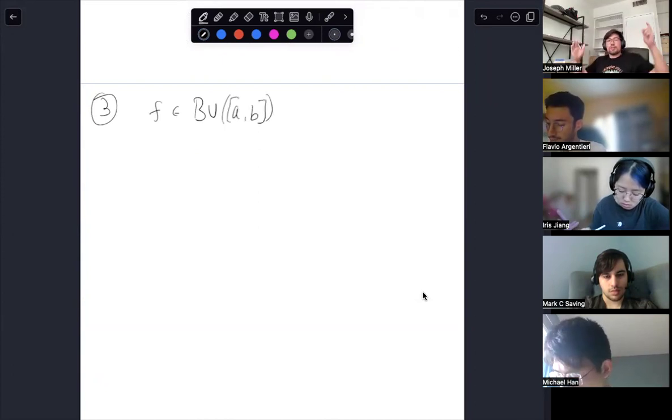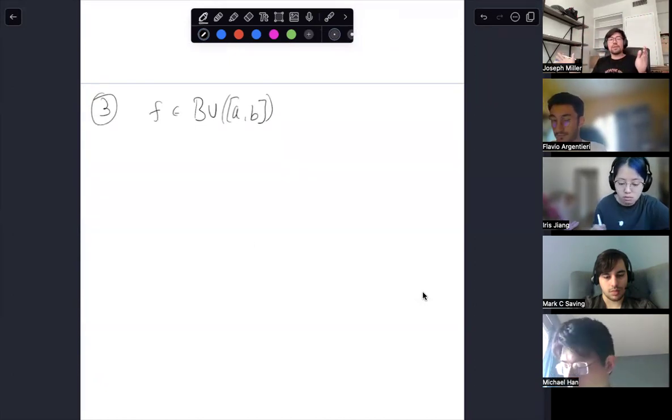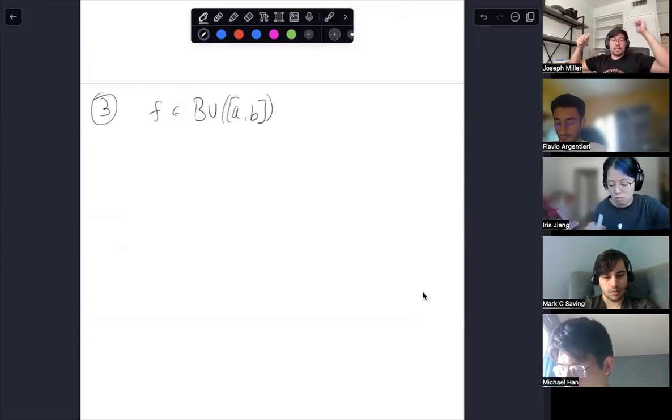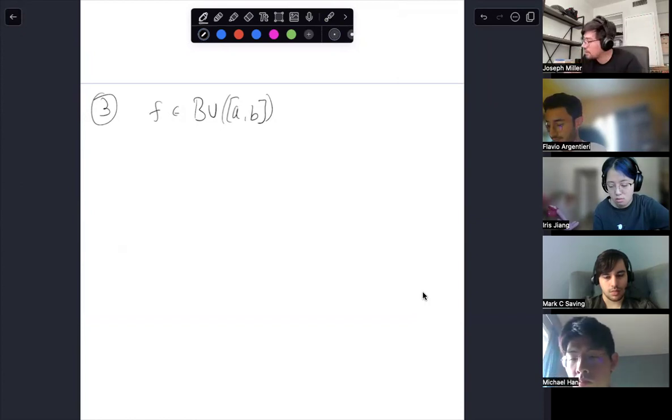So what it means is the variation: I take a partition of AB, and then I measure how far f jumped. For every partition that I take, the sum over all of these jumps is finite. So my variation stays bounded.